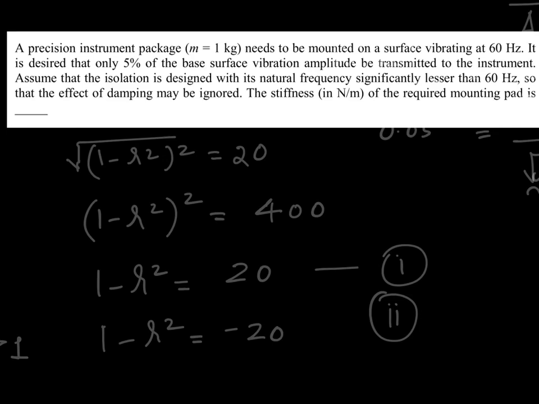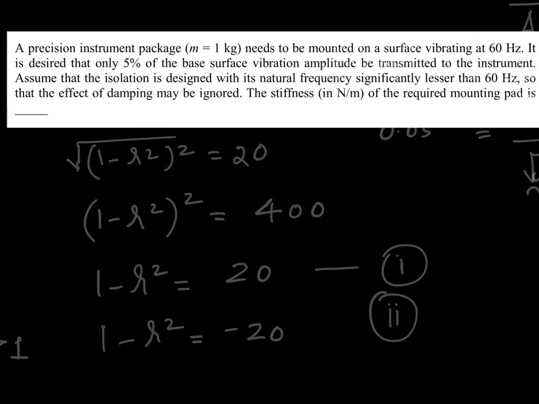Now you tell me, pause the video for a while and tell me which particular equation we should take here, or which is physically feasible with the problem that we are solving. Pause the video and come back. I hope you have looked at this.